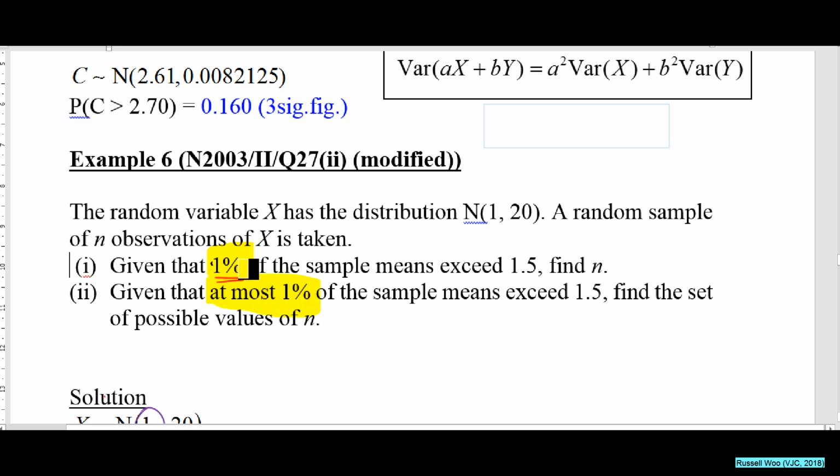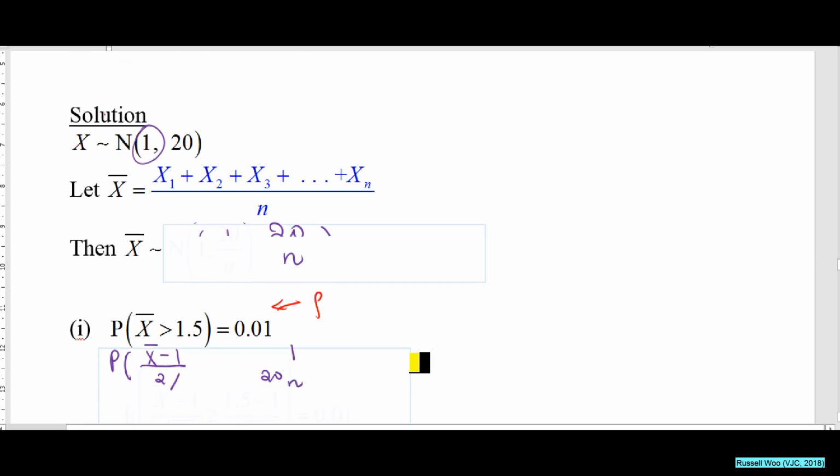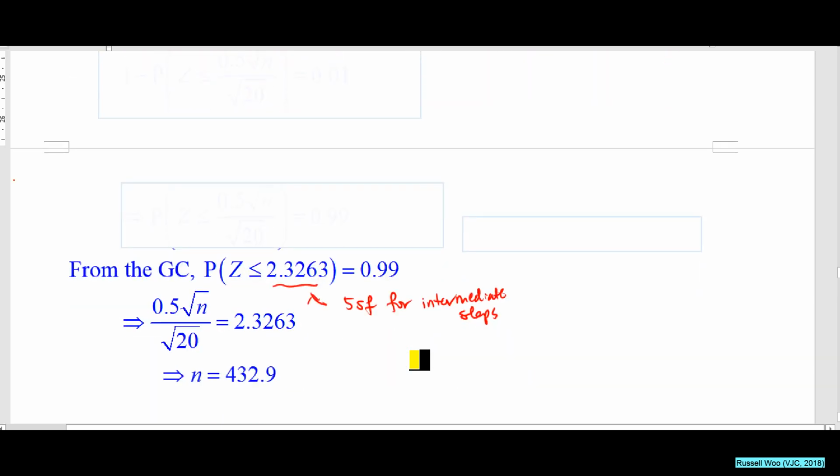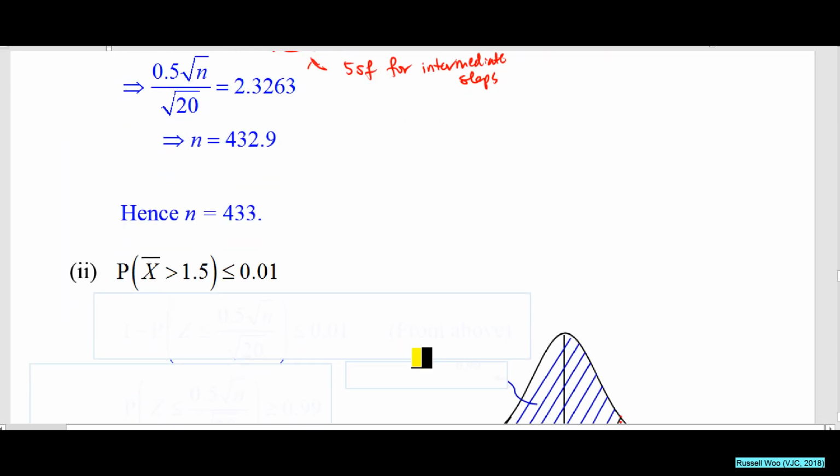It's basically more or less the same, but now it is at most 1%. Which means the probability is not equal to 0.01. The first statement we write here is the probability of x bar greater than 1.5 is smaller than or equal to 0.01.